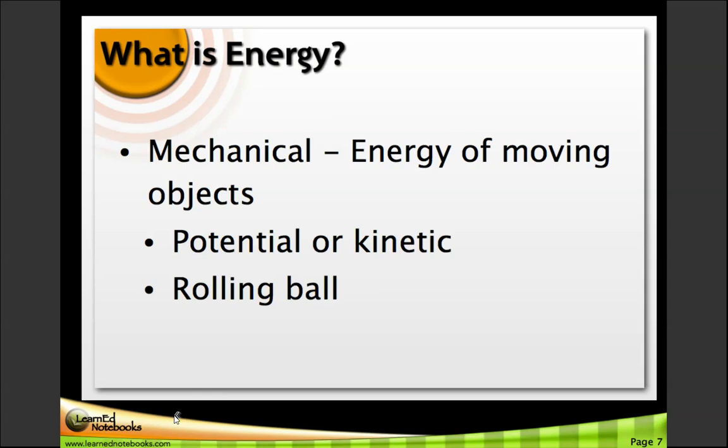But at the top of the motion of the spinning bicycle pedal, you do have some potential energy. A rolling ball, going from the top of the hill to the bottom of the hill, could have both potential and kinetic energy. But just remember, as one goes up, the other usually goes down.